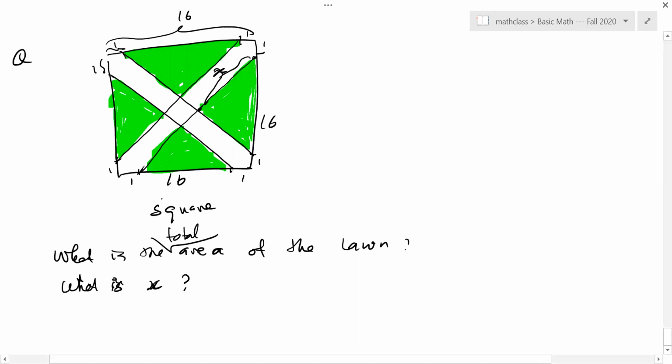Before you make the roads cross each other, that will be 16 times 16 square feet. Now you have 4 identical triangles, but we haven't studied triangles yet.